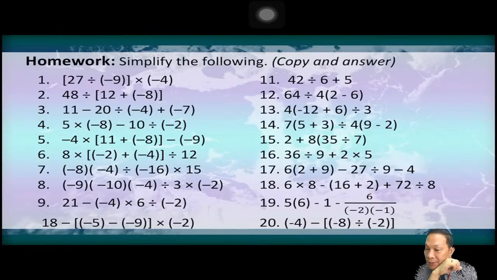So what's the answer for 19? How much? 26. Yes. 19 is 26.